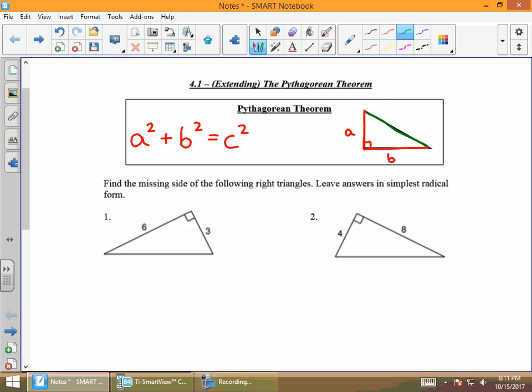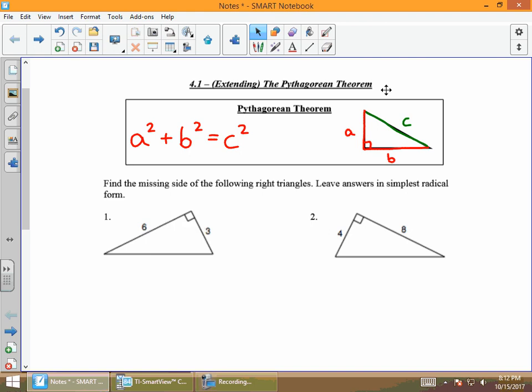It's always across from the right angle, and this is always C. So when I do the Pythagorean theorem, I need to do the legs squared added together and set it equal to the hypotenuse squared. No matter how that triangle gets turned or twisted, it's always the two legs, the pieces that make up the right angle, squared and added. And it is always going to be set equal to the hypotenuse squared.